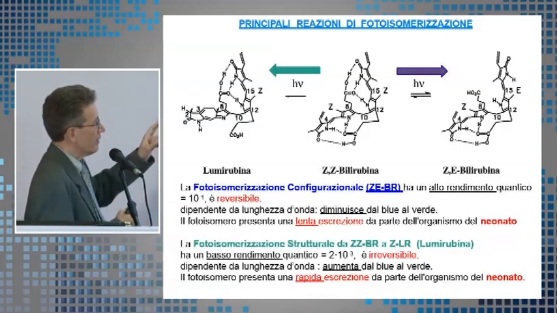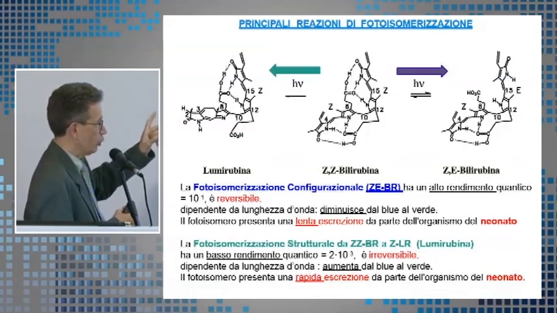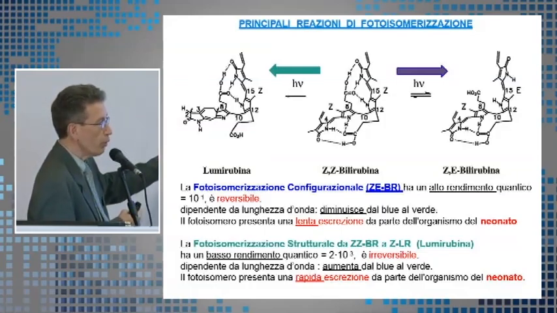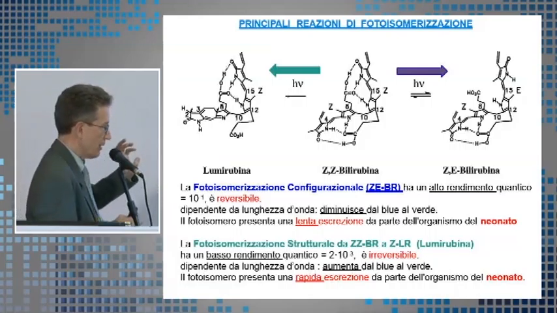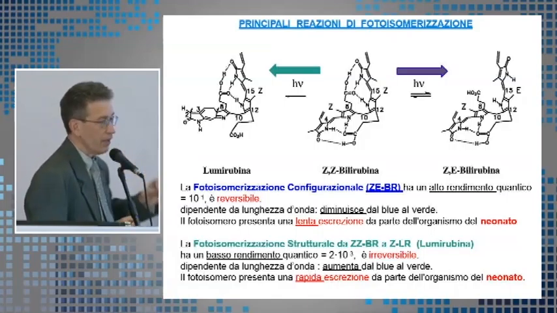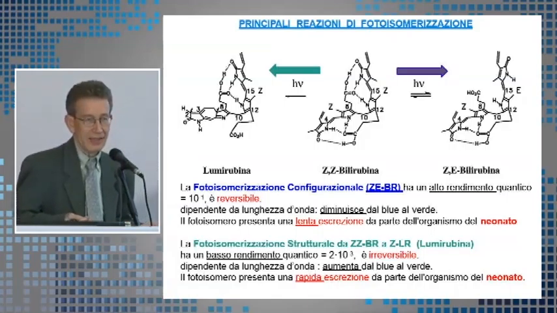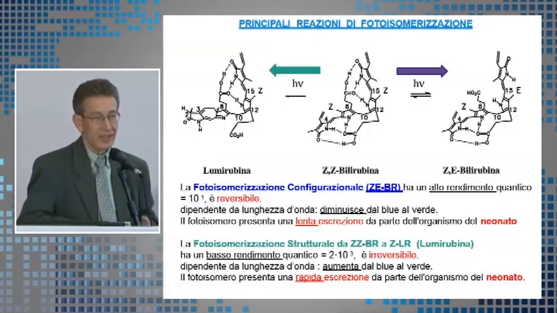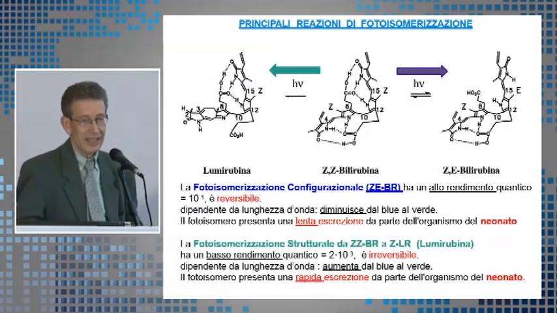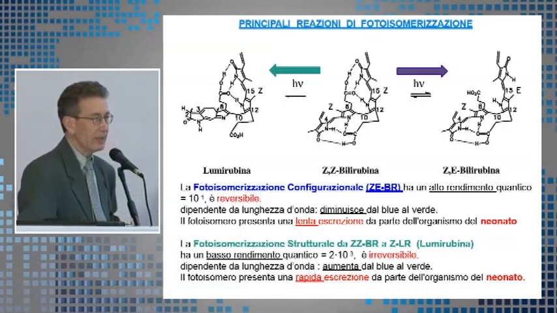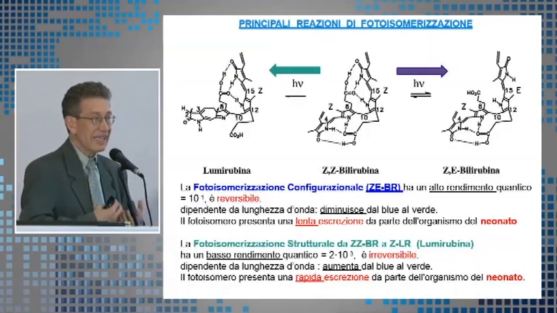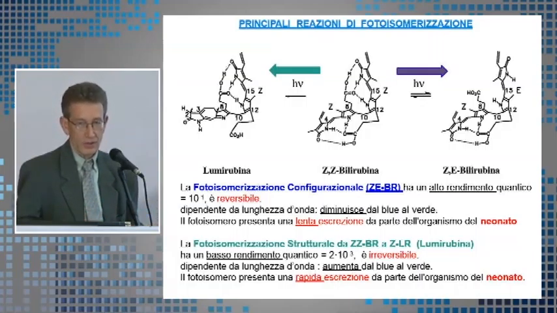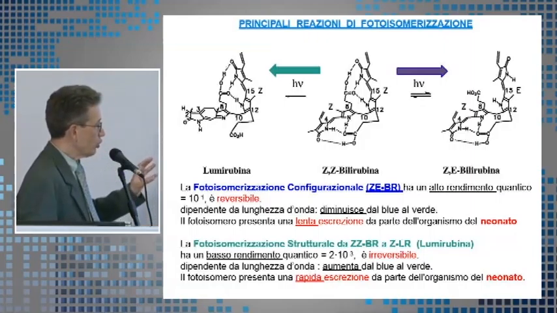However, it's also irreversible: if lumirubin is illuminated, it doesn't go back to bilirubin, which is fairly important. Quite obviously, the vast majority of data in the literature is about newborns, because there are many newborns, and luckily enough, few newborns with Crigler-Najjar.